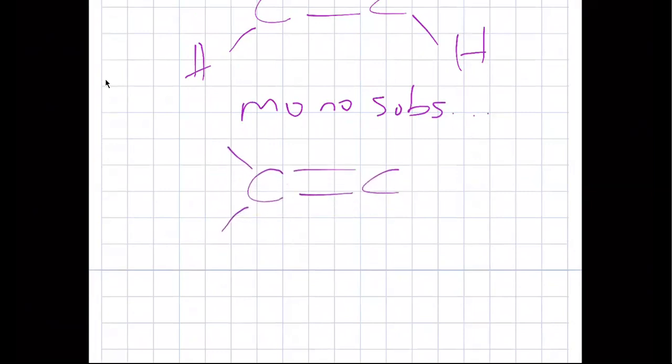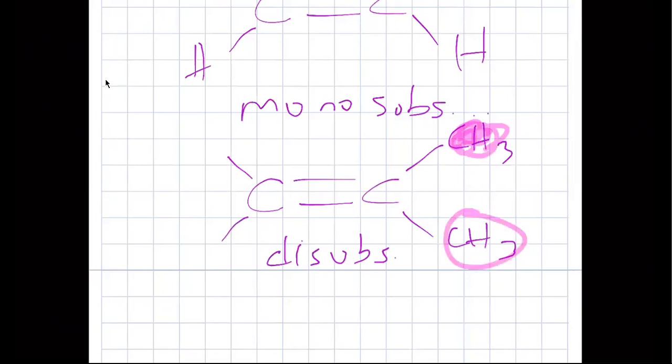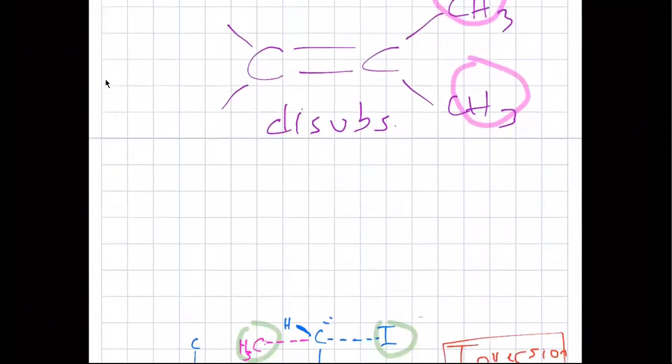All right, so I'm going to put one more carbon on there. This would be an example of what we call disubstituted, because it has two carbons. You see that? So two carbons. Not too bad. It's disubstituted, one carbon, monosubstituted. You can see where this is going, hopefully.